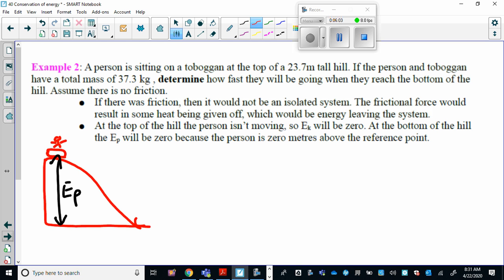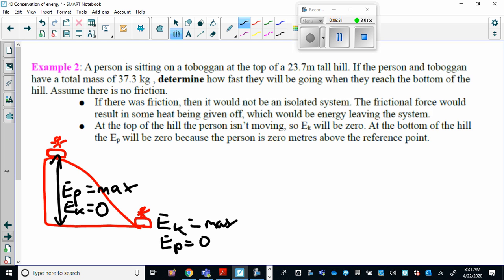And when you get down to the bottom of the hill, you are all kinetic energy and no potential energy. So at the top, the EP is a max, and the EK, assuming you're just getting ready to go, is 0. At the bottom, the EK is the max, and the EP is 0.